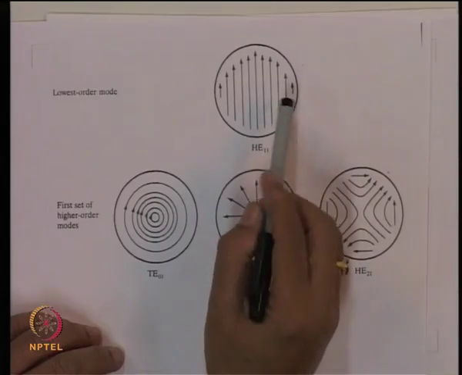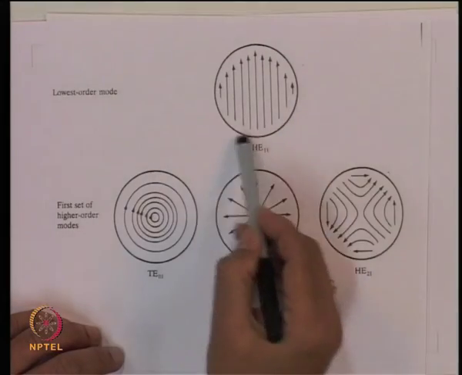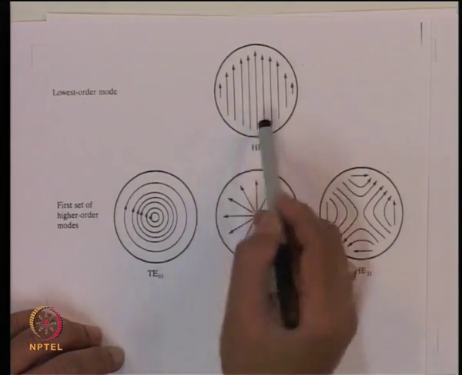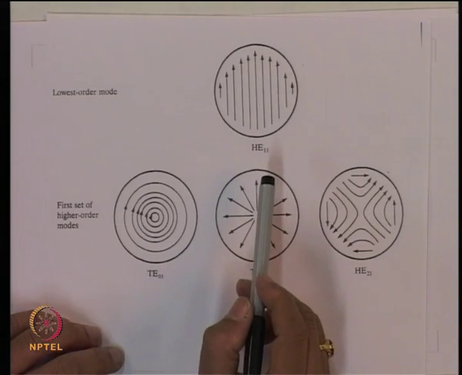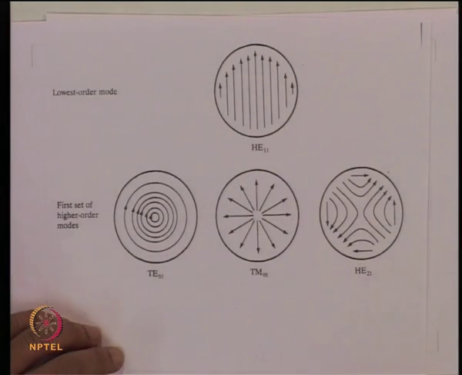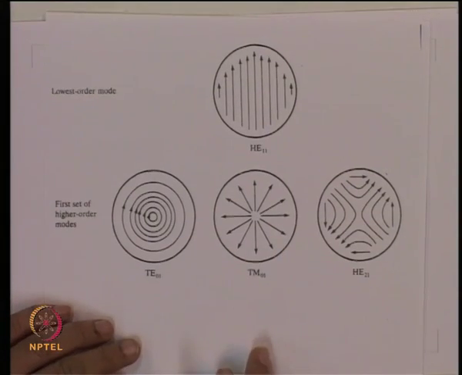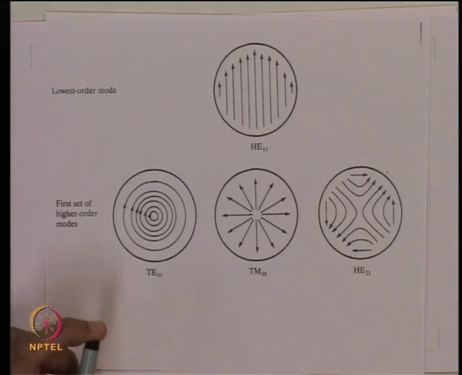So, what we find here is that both the R component and the phi component show you 1 cycle variation as we move in the azimuth. And that is what this first index is telling you. So, HE11 mode, if I consider either the phi component or the R component, will show one cycle variation in the azimuth, and there is no zero crossing of the field intensity when I go in the radial direction. That is why the field is going to look like this.